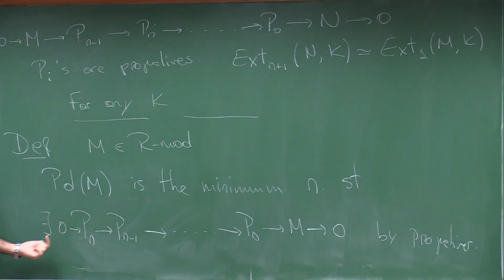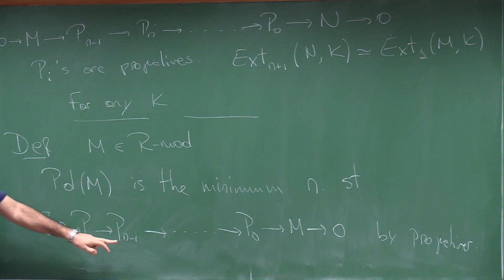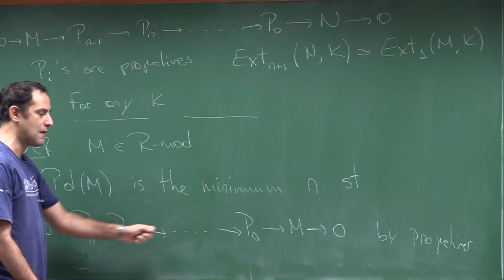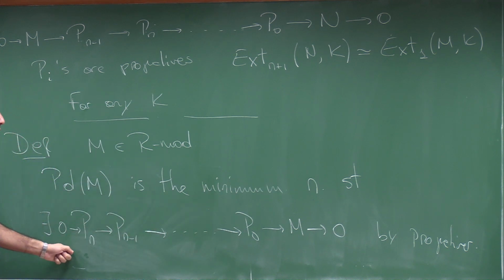So if you have a resolution with finitely many projectives and of length n, and this is the minimum such n, then we'll say this is the projective dimension of M. It might be that M does not admit a finite resolution like this, and in that case we'll say that the dimension is infinite.